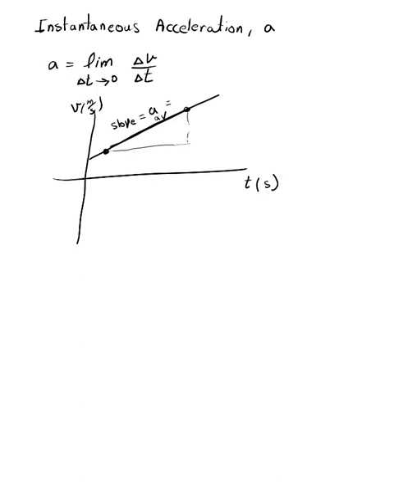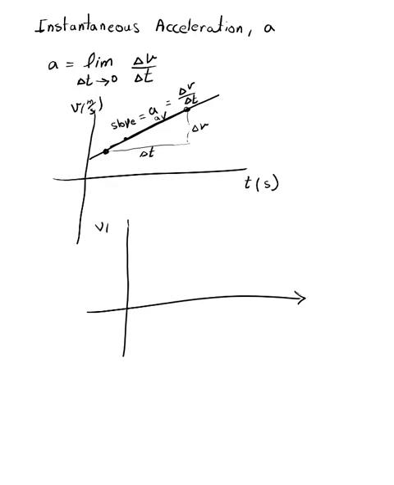Why? Because the slope is going to be delta v divided by delta t. Here, because the slope is constant, the average and the instantaneous acceleration are the same, because any tangent line has the same slope.